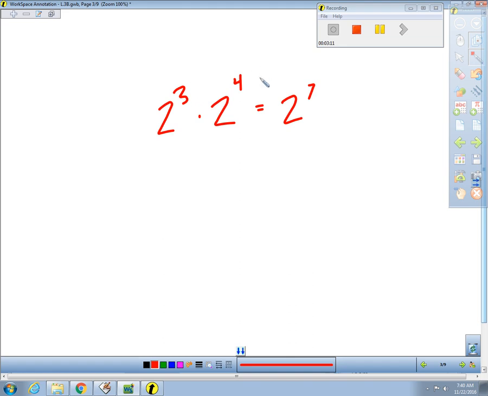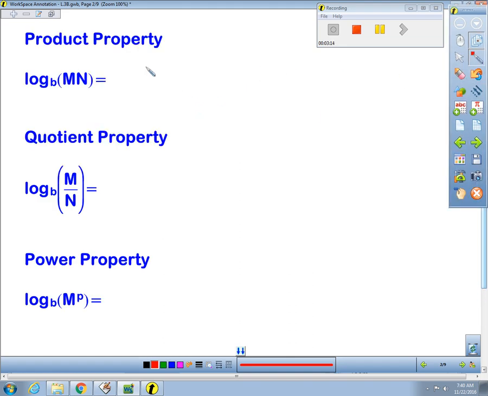We add, don't we? If I'm taking the log of a product, I can add the logs of the individual pieces of that product. The log base b of m times n equals the log base b of m plus the log base b of n. I can split it into 2 logs as a sum.